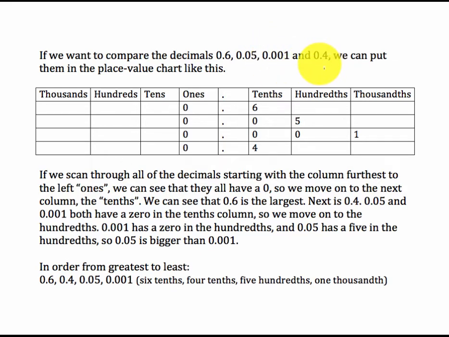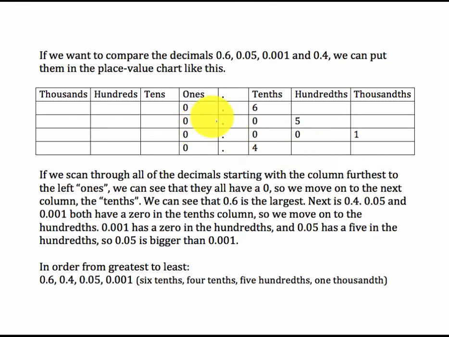We can put them in the place value chart like this. So we just plug them in. They all have 0 for the ones column. Then we have a decimal, and then a 6 for the tenths here, a 4 for the tenths down here. These 2 decimals have a 0 in the tenths column, and then 5 in the hundredths for this decimal, and this last one here, 0.001, has a 0 in the hundredths column as well, and it has a 1 in the thousandths. So you plug them in, and then we can compare them.